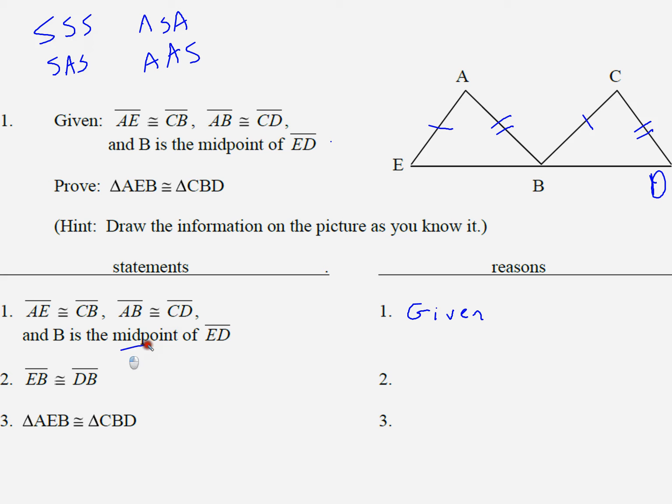B is the midpoint. Well, that is a definition, and the definition of midpoint says a point splits the segment into two congruent parts, which means this part here would be congruent to this part here. And so that's what's written next. Segment EB is congruent to segment DB, and that is definition of midpoint.